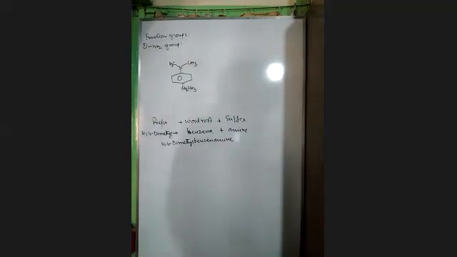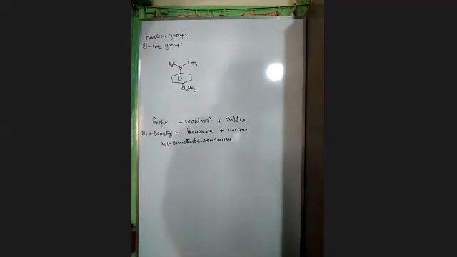Gitanjali. When we write, we have to write in alphabetical order. So dimethyl starts with D and ethyl starts with E. But the rule says we are not supposed to consider the alphabet of a multiplier. Di, tri, these are multipliers. We are supposed to only consider the first alphabet of the name of the groups.